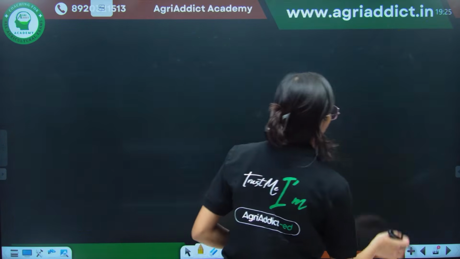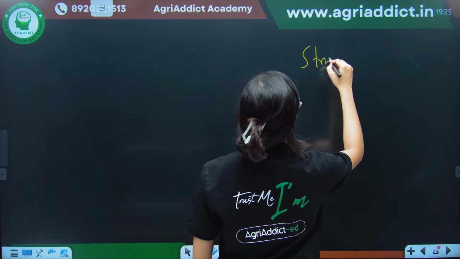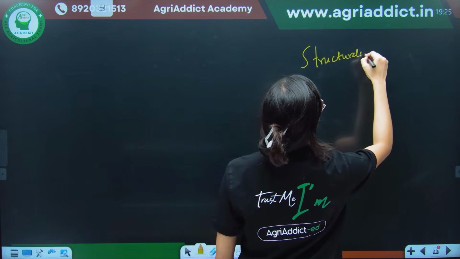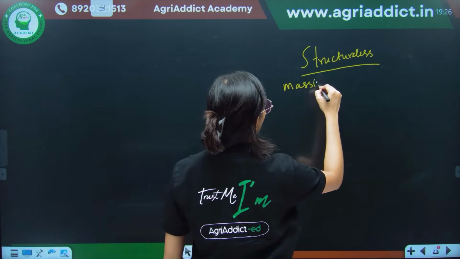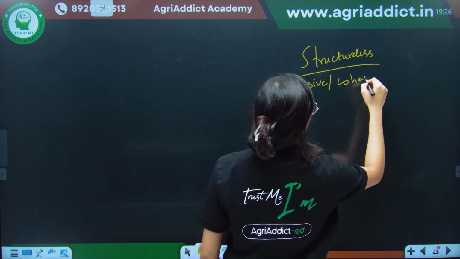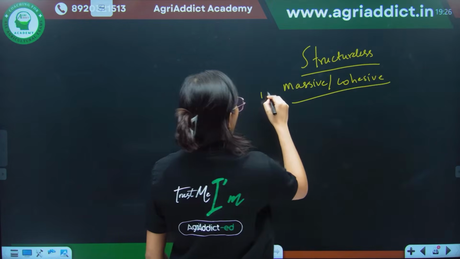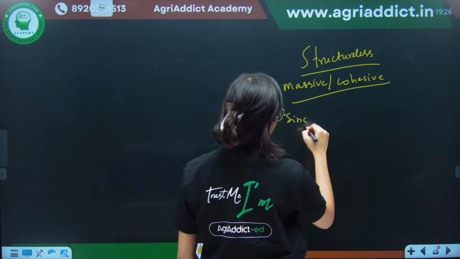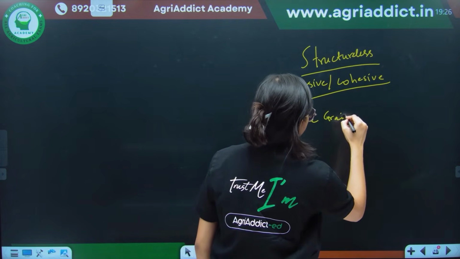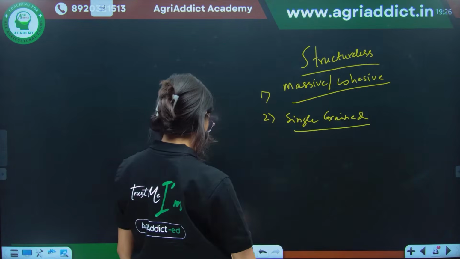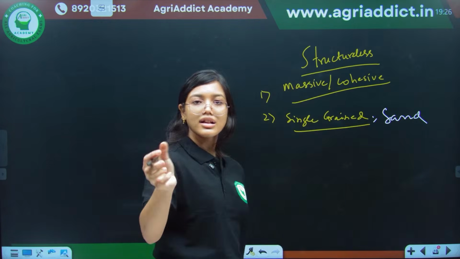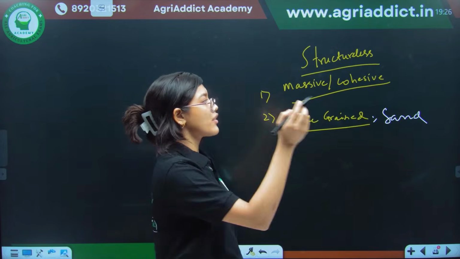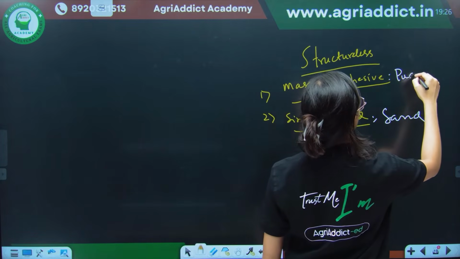So structureless soil can either be massive or cohesive, or they can be single grain. For the single grain structure, we have sand because individual particles are there, and for the massive or cohesive structure, you will have puddled soils.